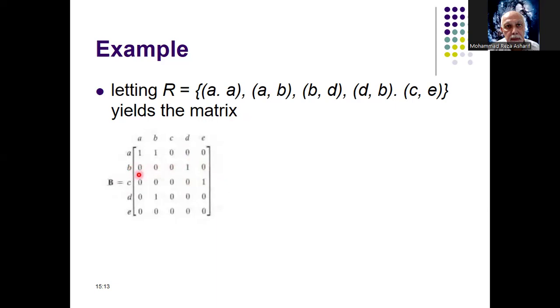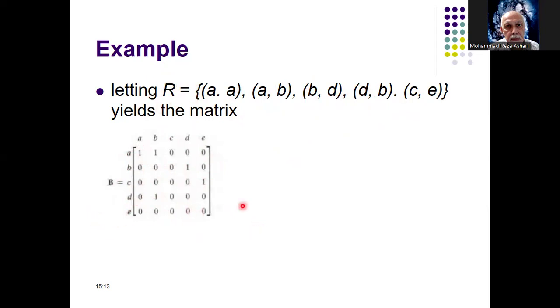So we make this kind of binary matrix if these pixels are related. With that relation, C is related to E, so one is here. D related to B is here for this set of the relation.